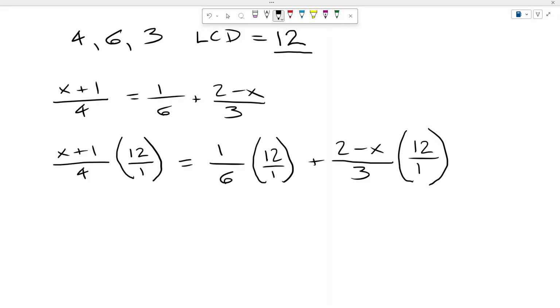Okay, so here's our setup now. We have the whole equation set up. We are taking everything times our LCD, which is 12, just written in fraction form.